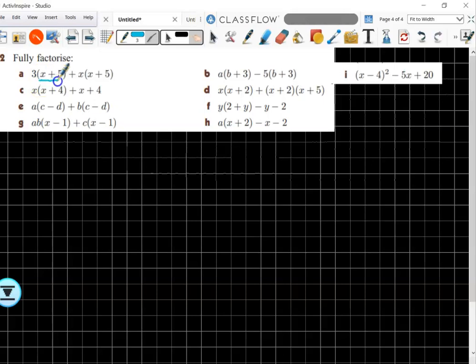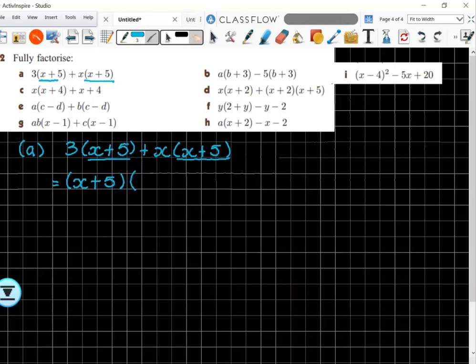The X plus 5. So when I'm looking at A, I've got 3 times X plus 5 plus X plus 5. That is what I'm going to pull out as my common factor. So I pull out my X plus 5.